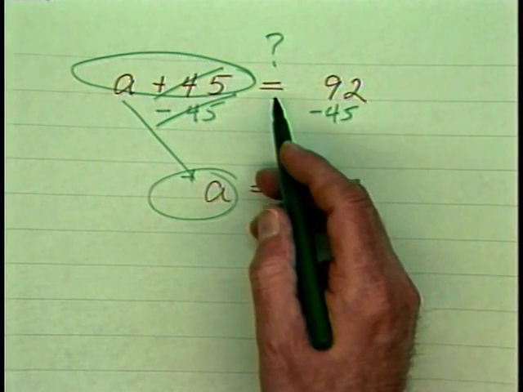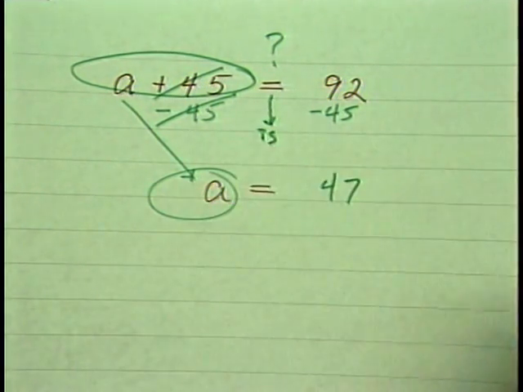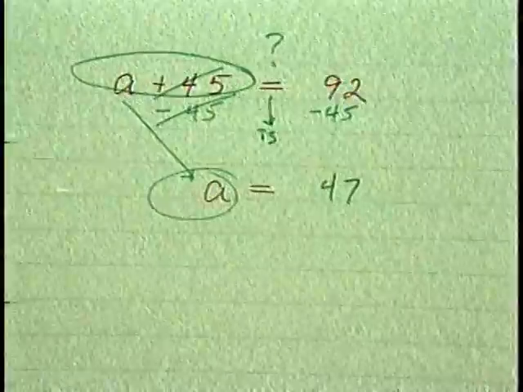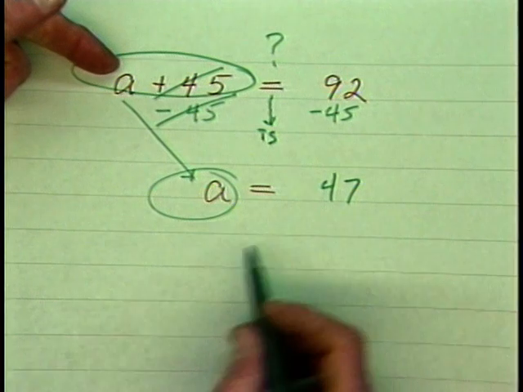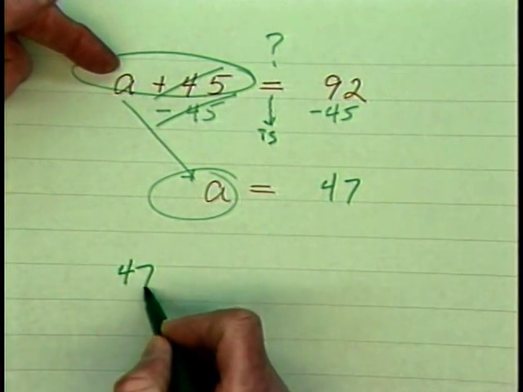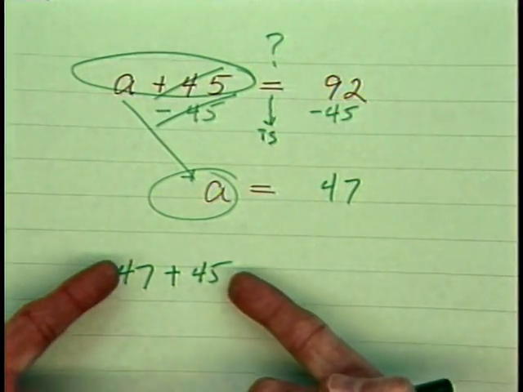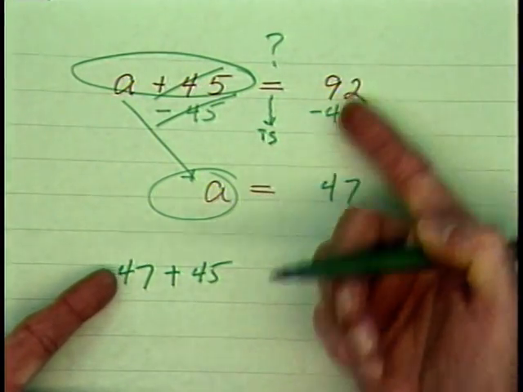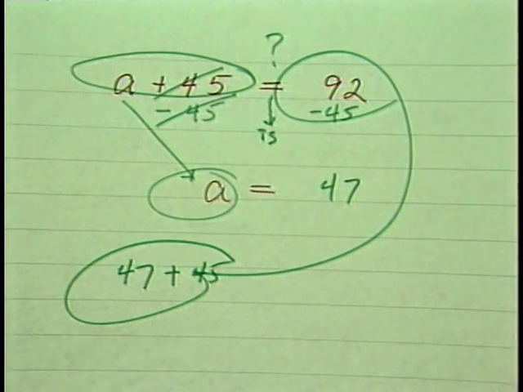See, this equal sign is sort of a mathematical verb to stand for is, could be, will be, should be, was. So this is A, which I'm now claiming is 47. When added to 45, we want it to be 92. So if we add these, indeed it is.